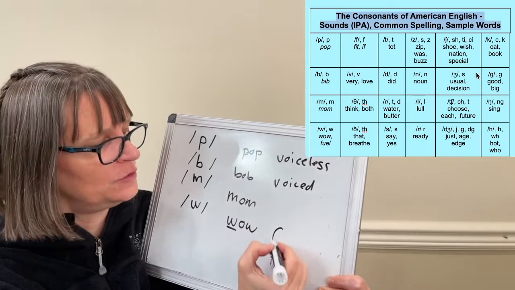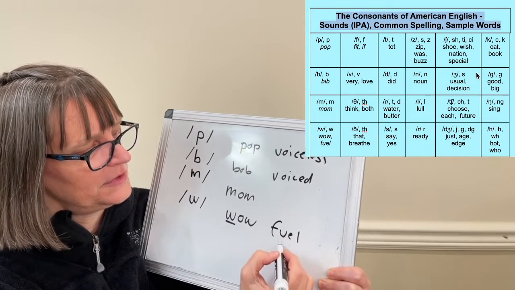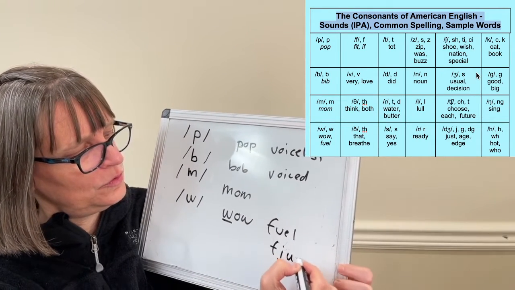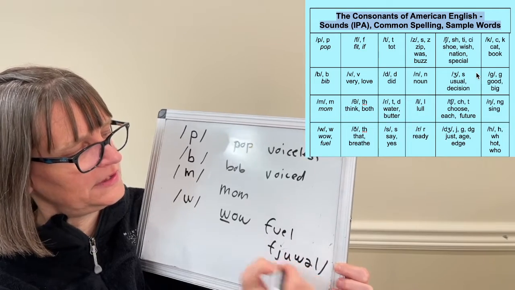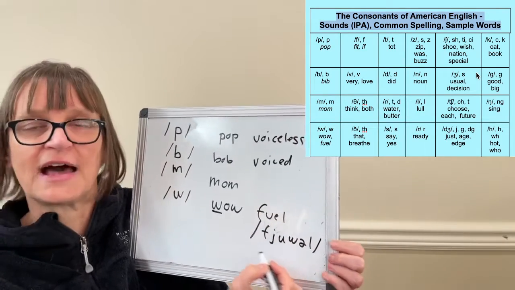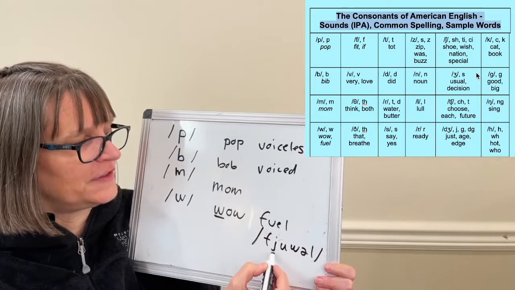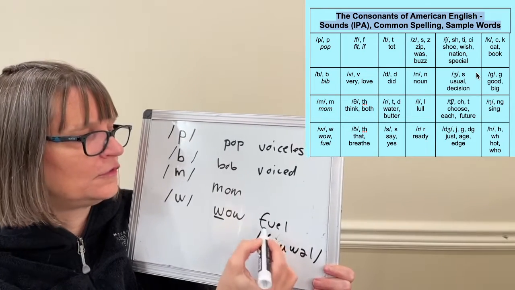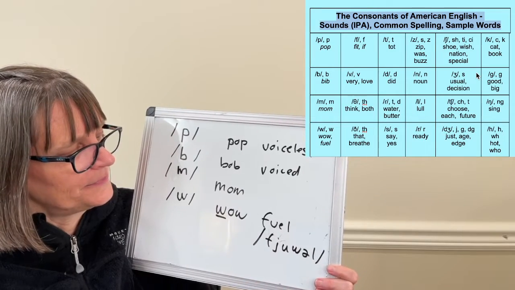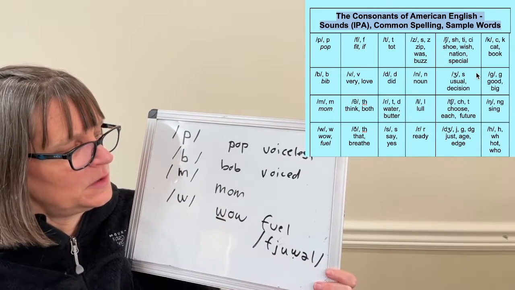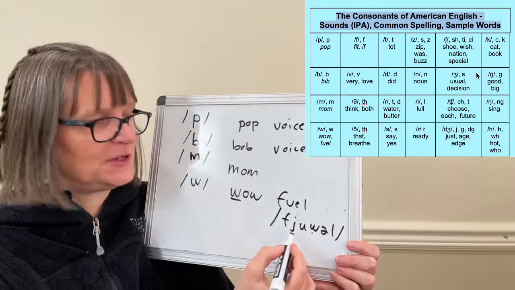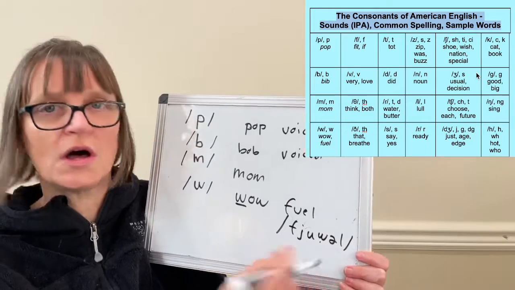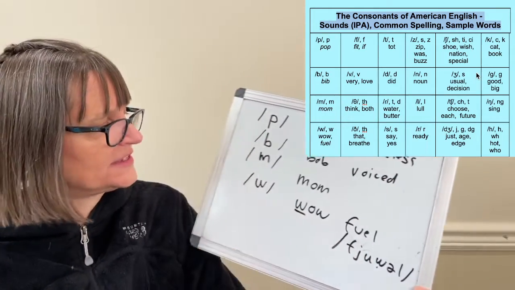So in a word like fuel, you'll see fuel in the dictionary. There's a lot more sounds than there are letters. We have the f, the y, the u, the w, the and the ul for fuel. Some dictionaries might not put this w in there, but it happens as I connect between the oo and the ooh. That gliding w sound happens.